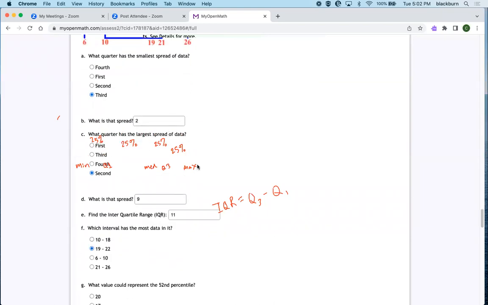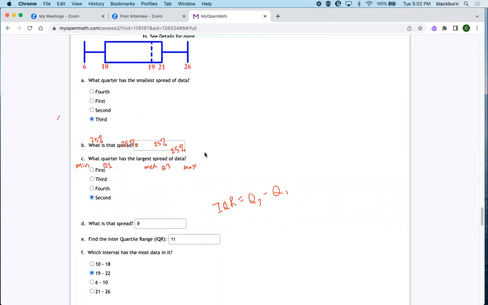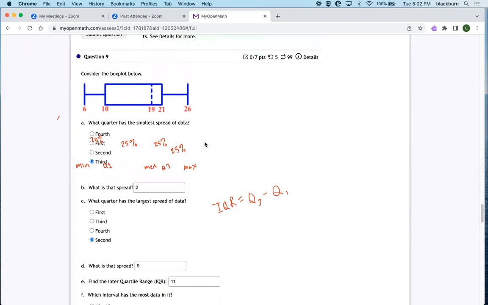So far our winner is that one, 19 to 22. Then 21 to 26 contains 25%. So 19 to 22 is going to contain more than 25%. So that has the most data in it.